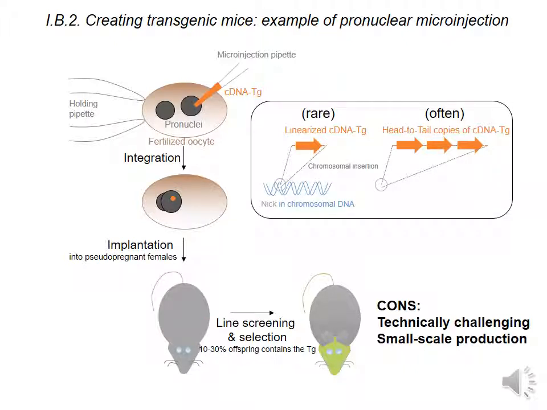We have to screen all the obtained offspring and select those that got the transgene inserted. From those, we also have to check which ones have the gene integrated into one place or different places, and the expression levels of the different animals, and select those that more accordingly go into what we want.